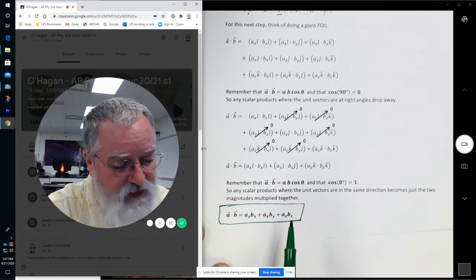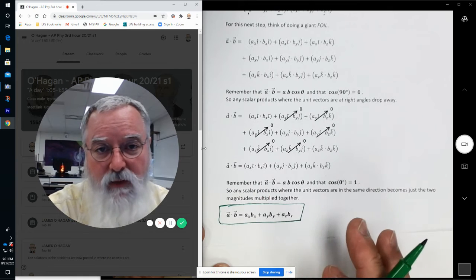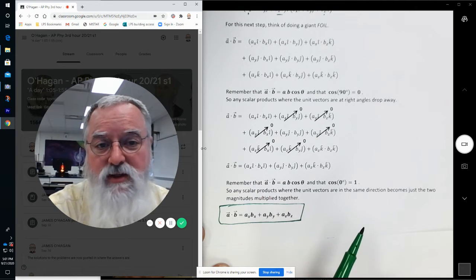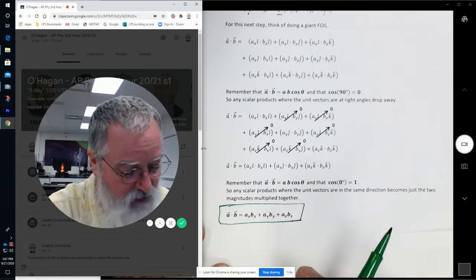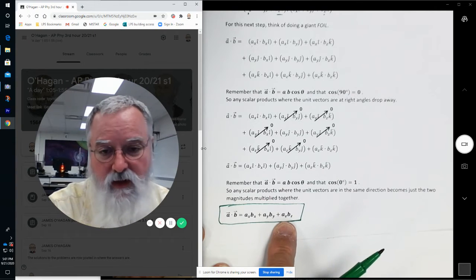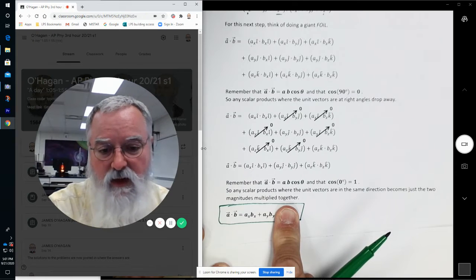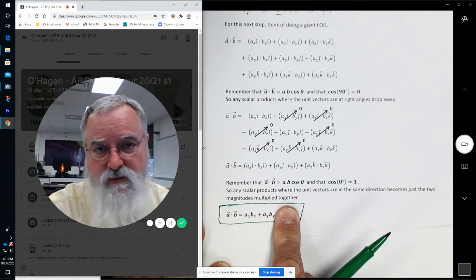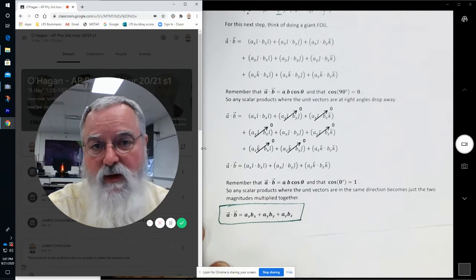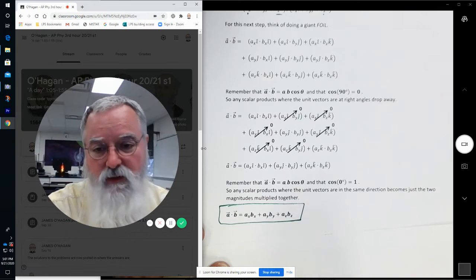Now, if this is just a planar problem, just x and y, and there is no z component in A or B at all, then the z term just goes away, so it becomes even simpler: the two x components multiplied, added to the two y components multiplied. But if you do have a three-dimensional problem, you have to include the z term.